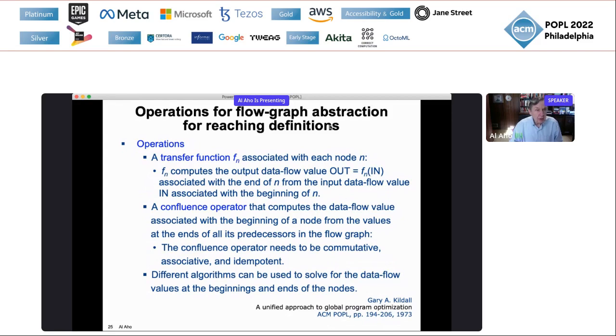And because we're dealing with a semi-lattice, the confluence operator needs to be commutative, associative, and idempotent. Different algorithms can be used to solve for the data flow values at the beginnings and the ends of the nodes. And the beauty of Kildall's formulation is that you can choose the algorithm that's most appropriate for computing the data flow values for the kind of optimizations you're trying to perform.